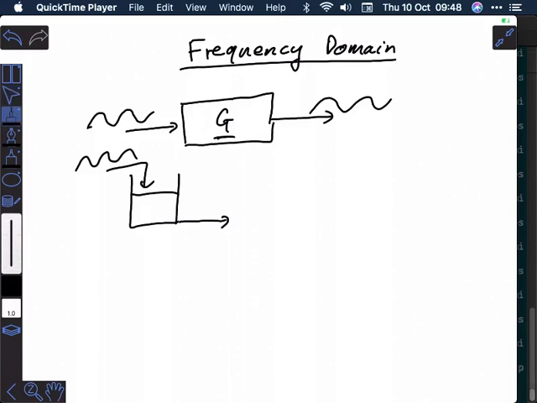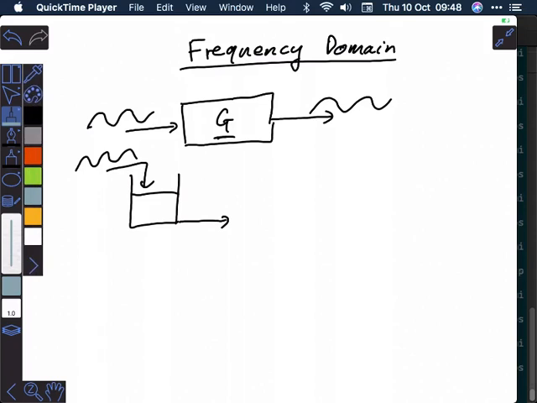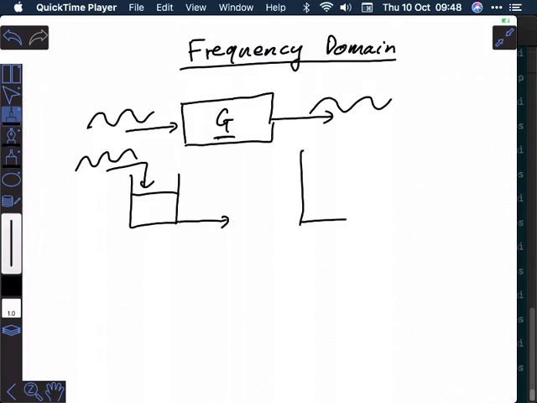So let's choose a different color here. If I draw the input and the output on the same axis, let's say that's 0, and I've applied a sinusoid of this nature. This is the input.